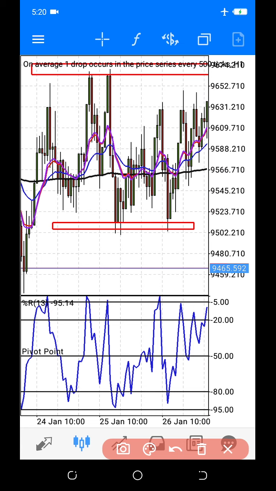So if you were selling, let's say from the top here, and as it approaches your pivot, please close your profit and wait for it to break that pivot. If it breaks the pivot and comes down, you can make another entry. But in this case, if you were selling and it gets to the pivot, it starts going back up again.